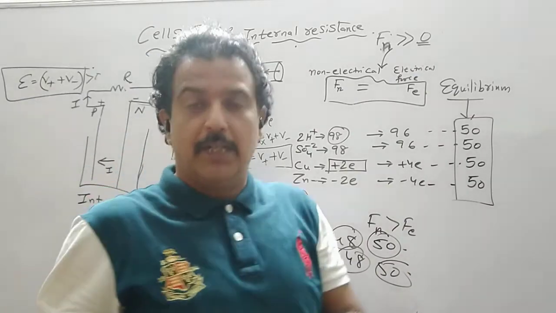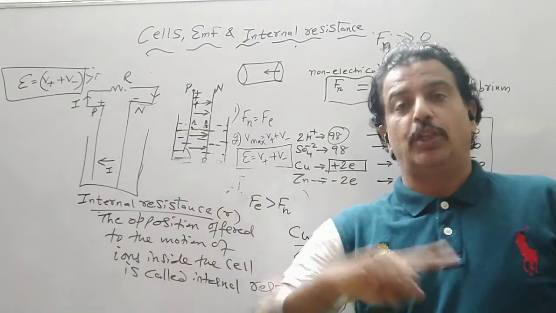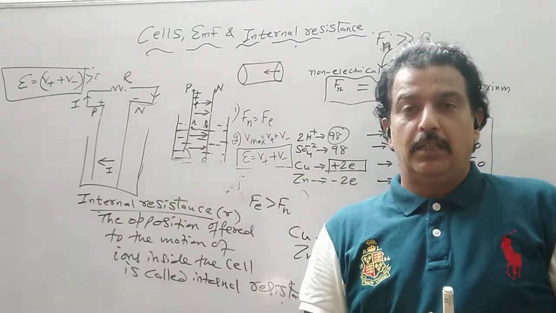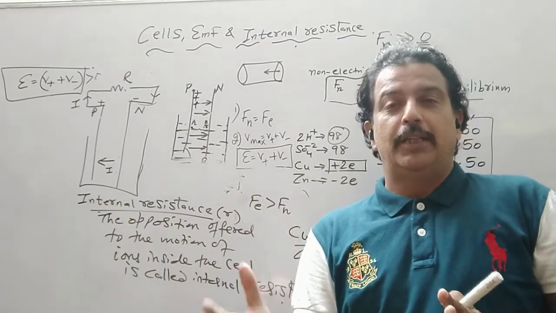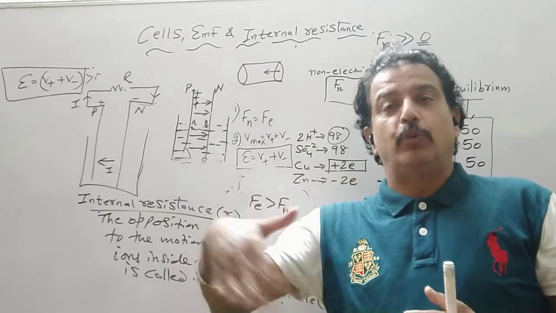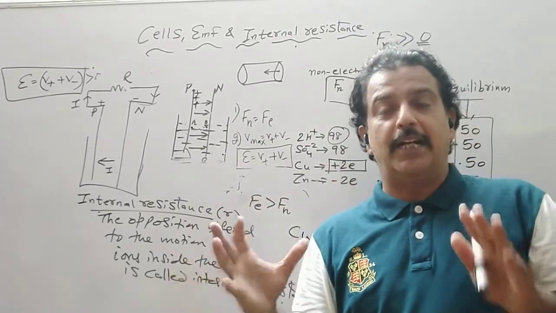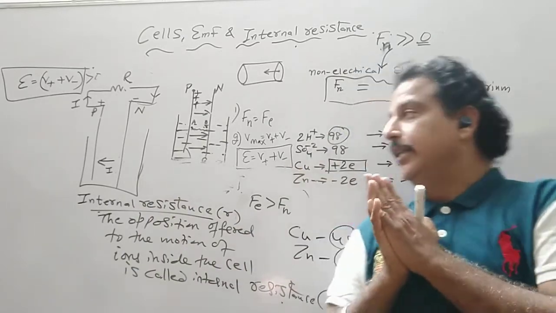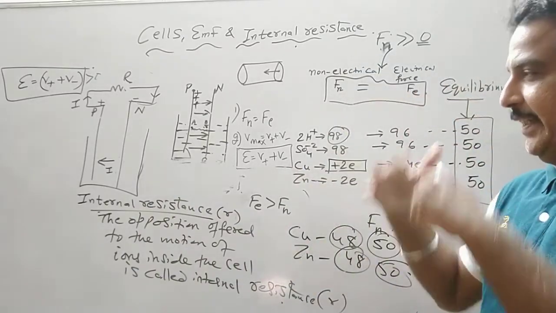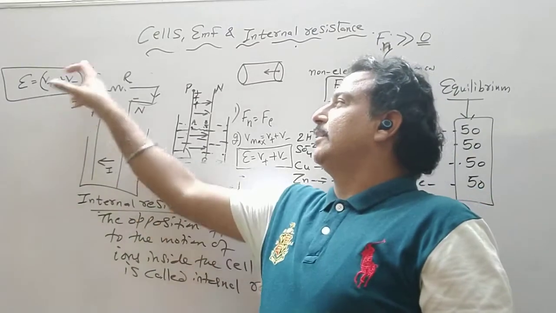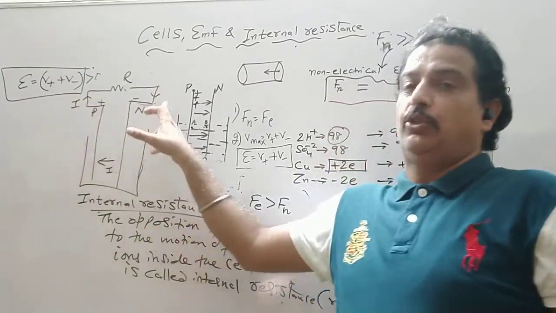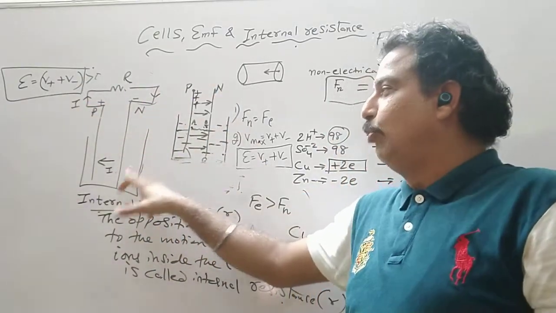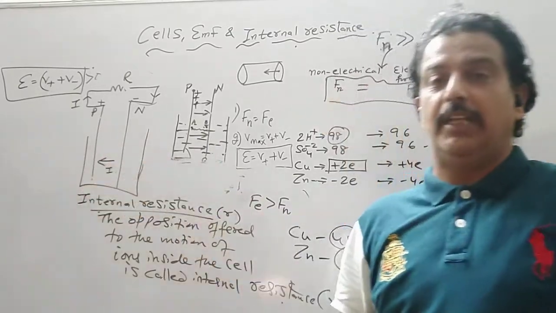But you have to remember that inside the cell it is not a motion of electrons. The motion of charge takes place through the motion of the ions. So ions are moving inside it, making one rod positive, the other rod negative. However, we still say the current outside the circuit moves from the positive terminal to the negative terminal, and inside it moves from the negative electrode to the positive electrode.